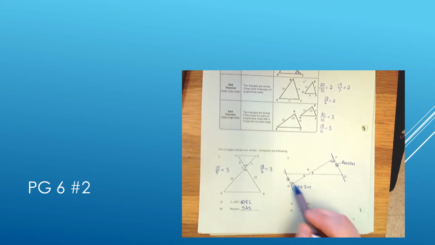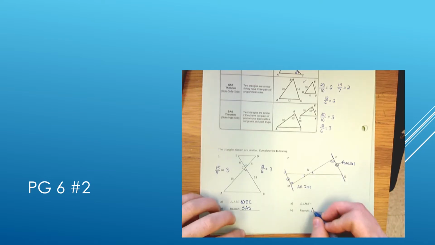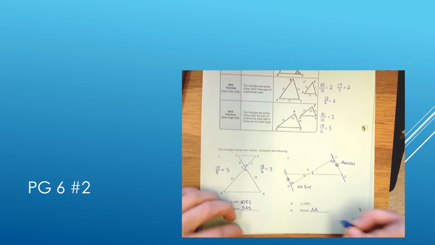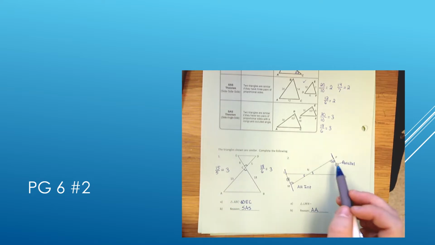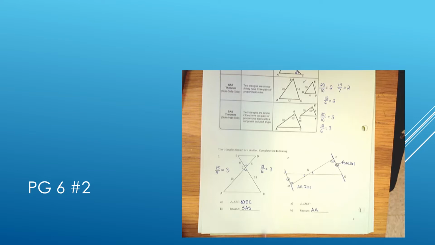So these are alternate interior. Since I've seen that, I have now done our AA postulate. So I know that these triangles are similar because of AA.